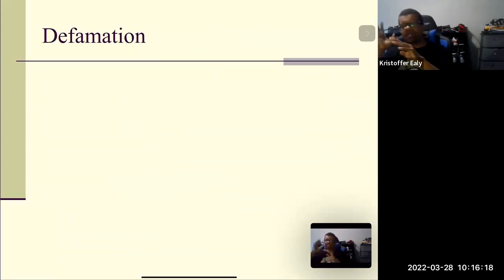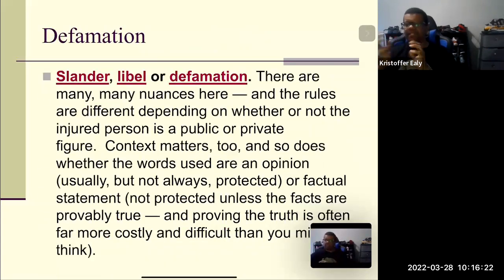Defamation, again, that's going to be lies. So it's slander and libel together. We just collectively call that defamation. There are going to be instances where it's not really defamation. Again, what Chris Rock did to Will Smith, legally, it's not defamation.